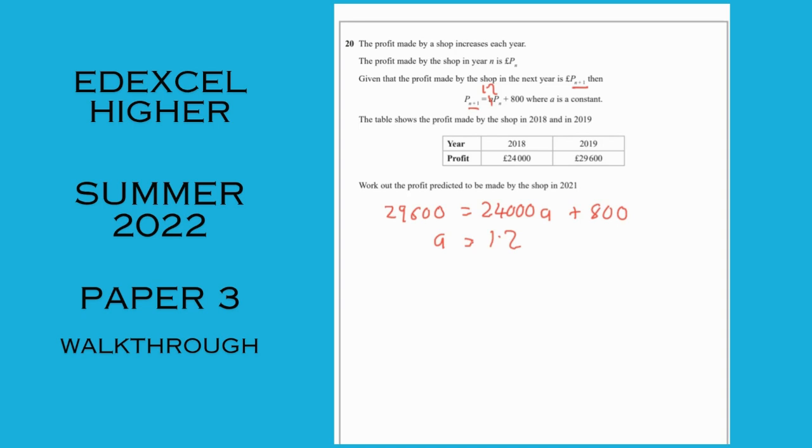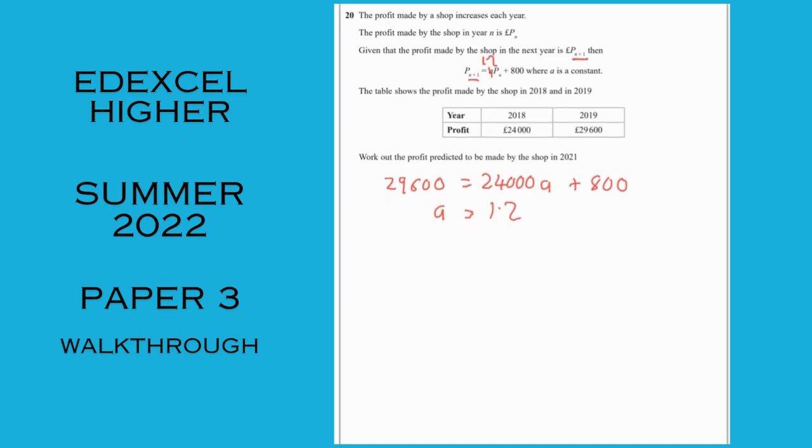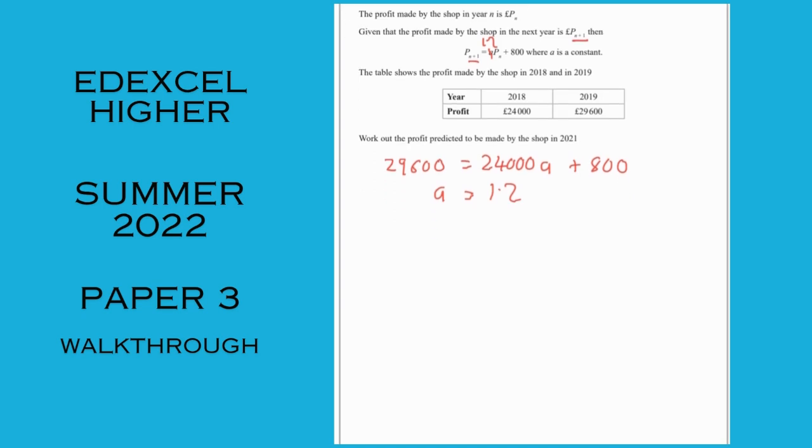And that formula states, to get the next year's amount or profit, whatever you want to call it, you take the current amount, stick it in. So to get 2020's estimated profit, you do 1.2 times the current year's profit and add on 800, 36,320.